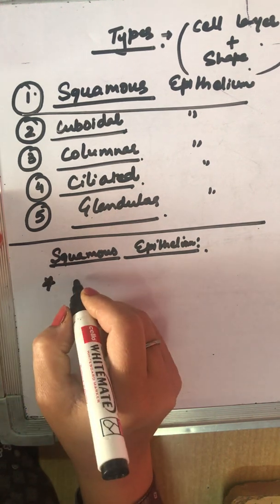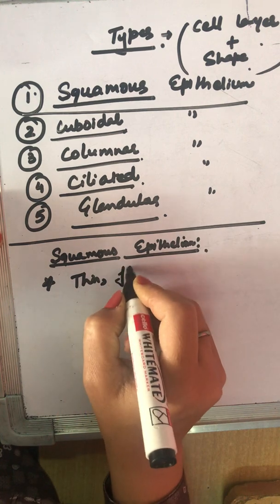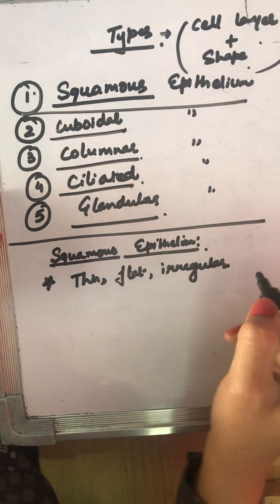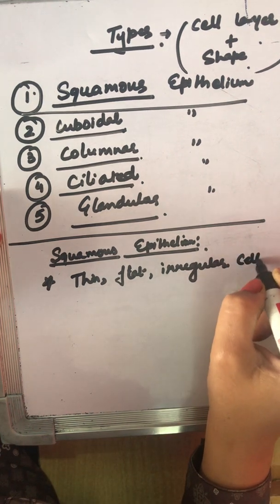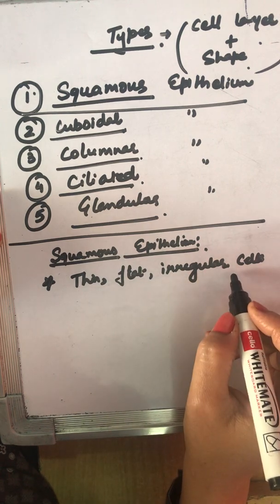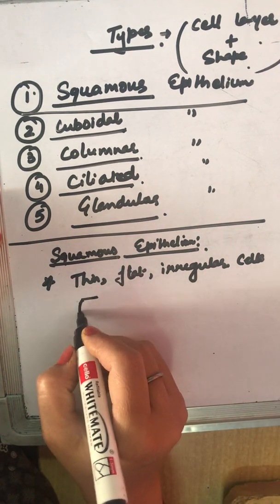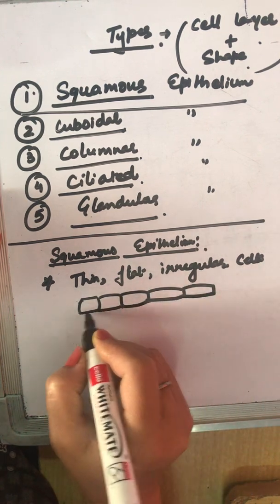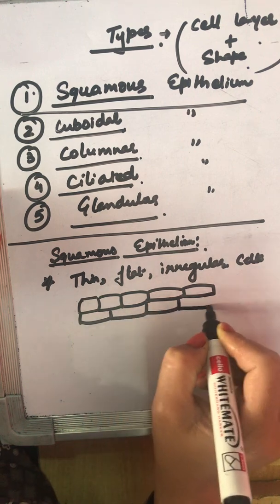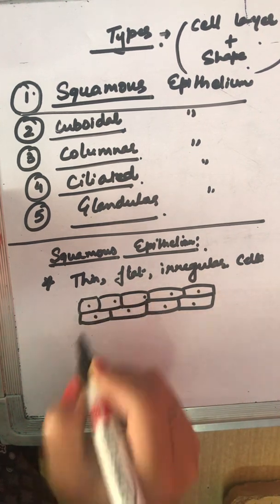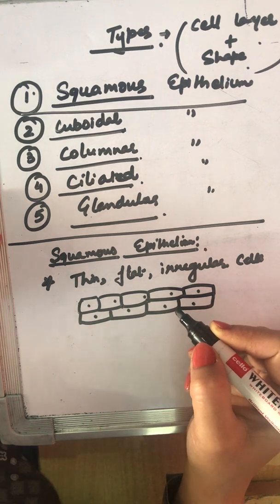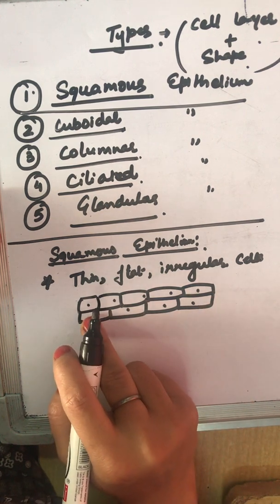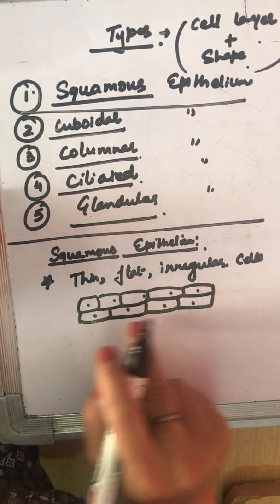It is composed of thin, flat, irregular shaped cells which fit together closely like tiles on a floor. This is called simple. Why? Because it is made up of thin and flat cells and forms a delicate lining.